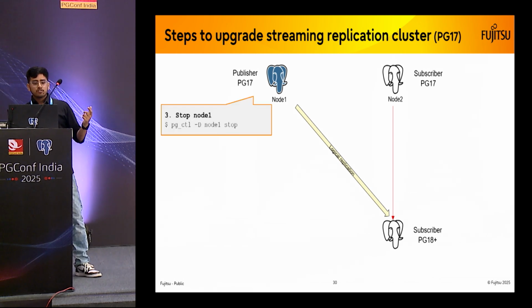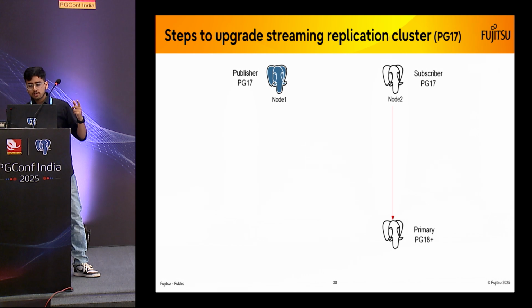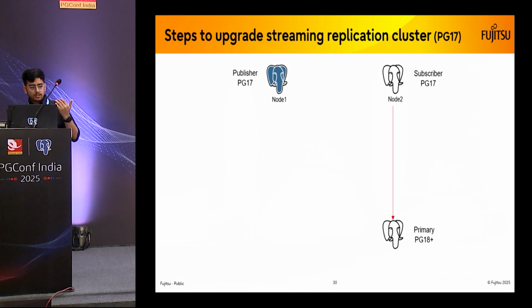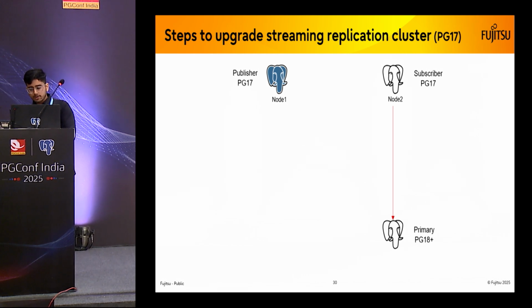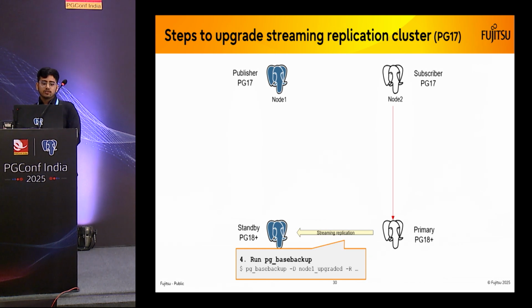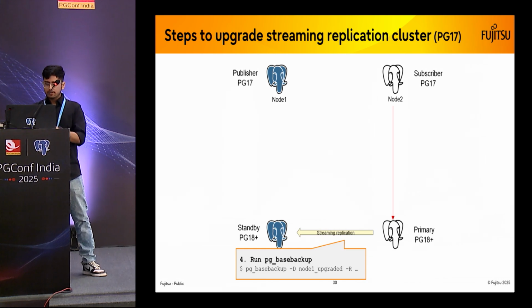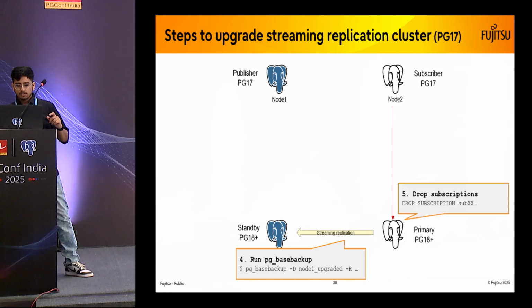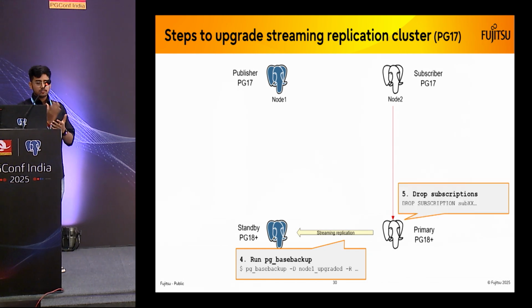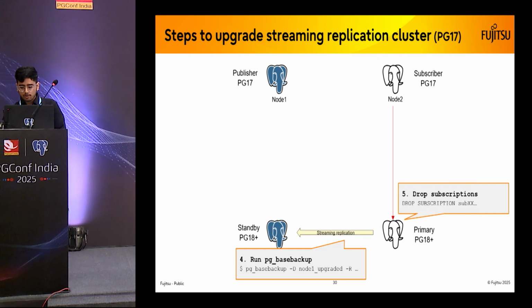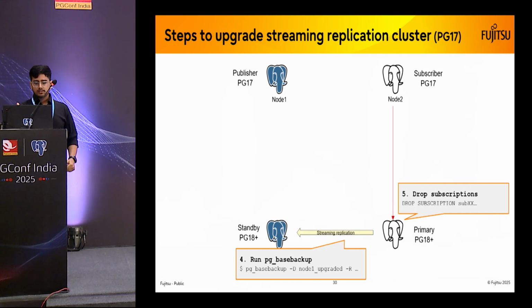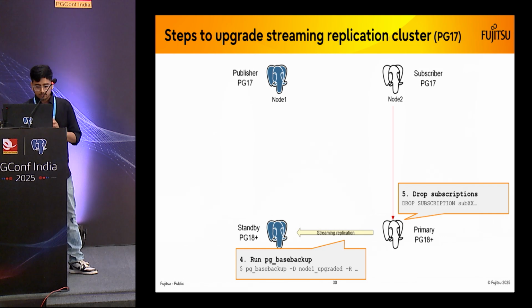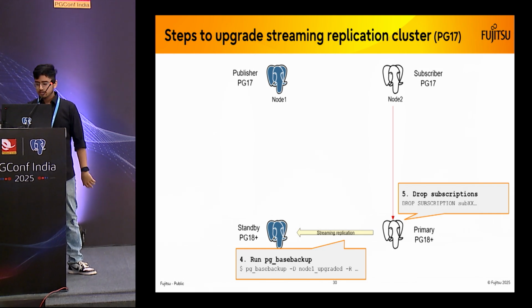On node 1, we just stop node 1, and since all data is already present in the upgraded node 2, we make a standby for that, and we drop the subscriptions on the upgraded node 2, and thus the streaming replication cluster is upgraded.